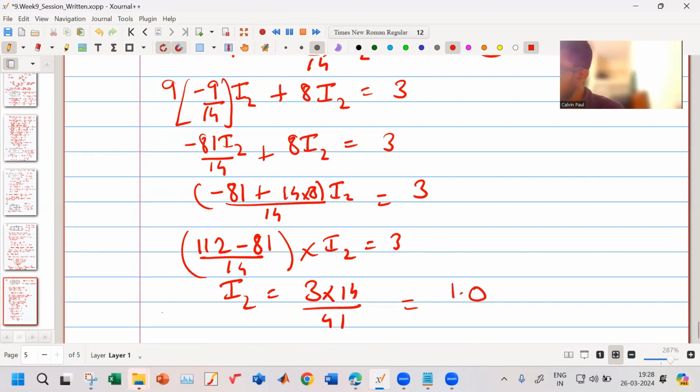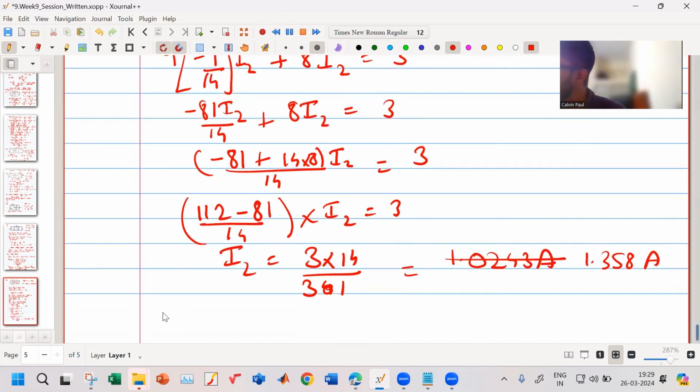That is 1.358 ampere we get. Similarly, what will be I1?